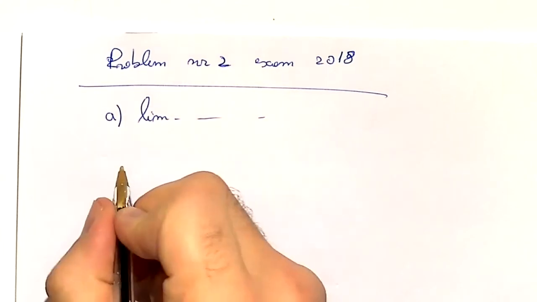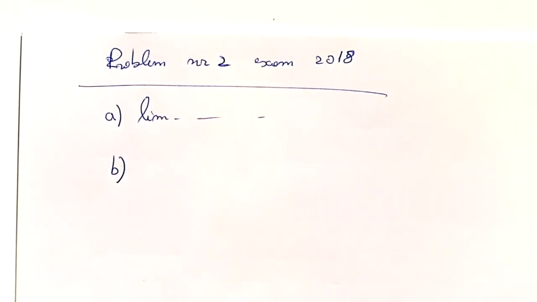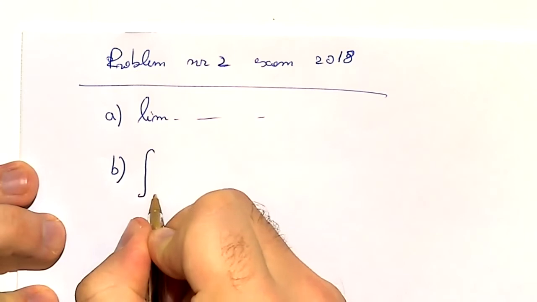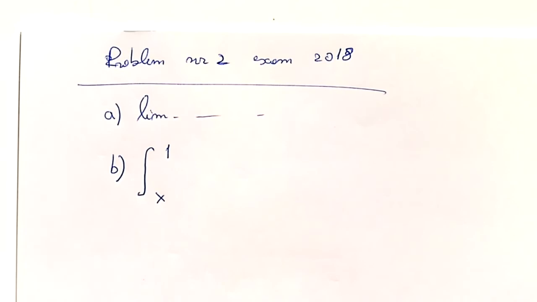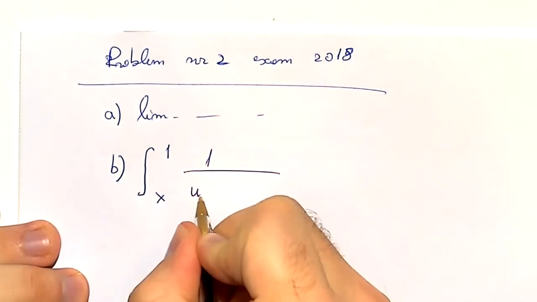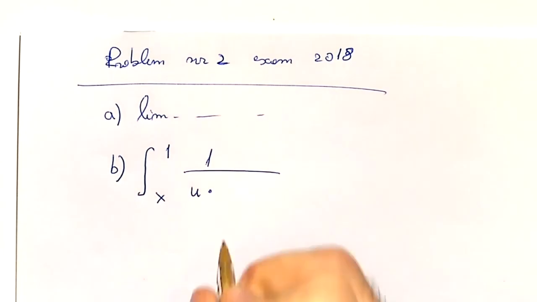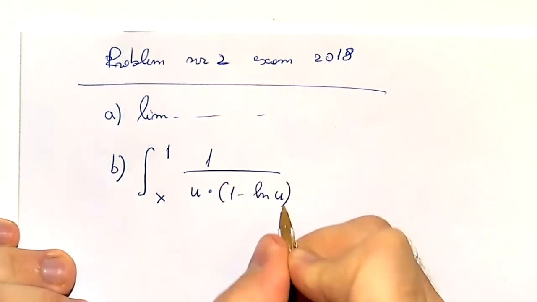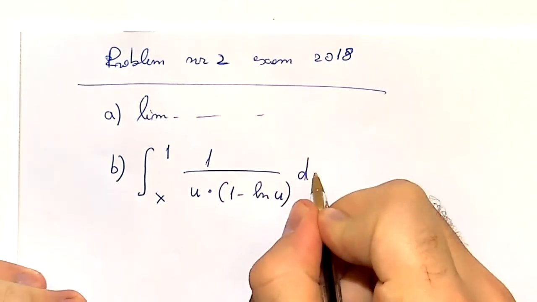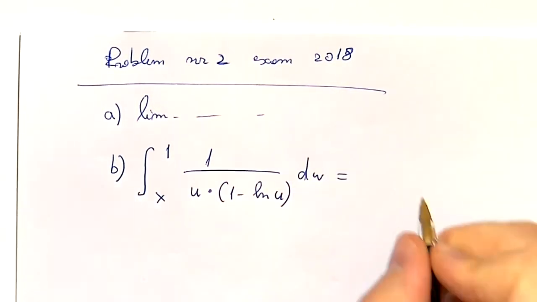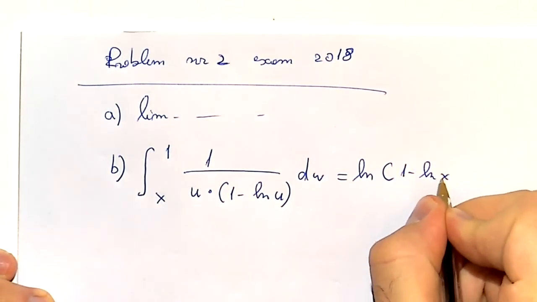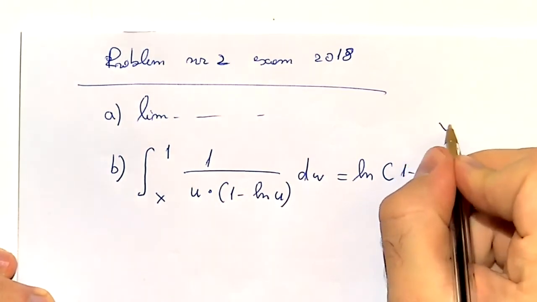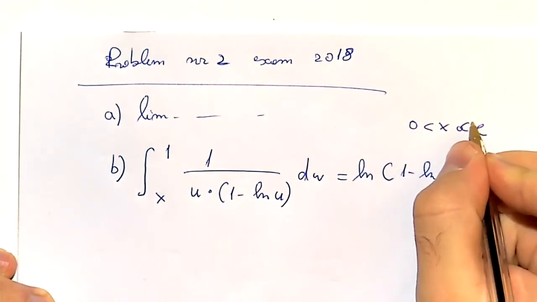Then in point B, you're given some integrals. Okay, show the following stuff. Show that the integral from x to 1 of 1 over u multiplied by 1 minus log of u du is equal to log of 1 minus log of x, where x is greater than 0, smaller than e.